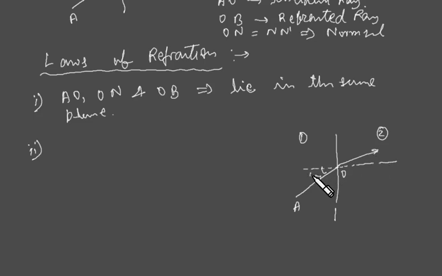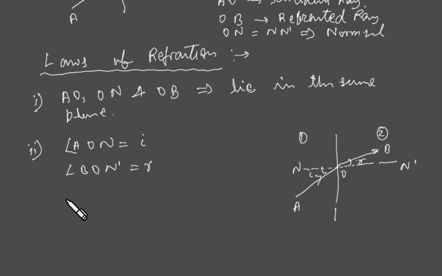Then OB, of course, this one, N prime. Then angle AON is called the angle of incidence I, and angle BON prime is the angle of refraction R. That means the angle made by the incident ray with the normal is called the angle of incidence. Angle made by the refracted ray with the normal is called the angle of refraction.